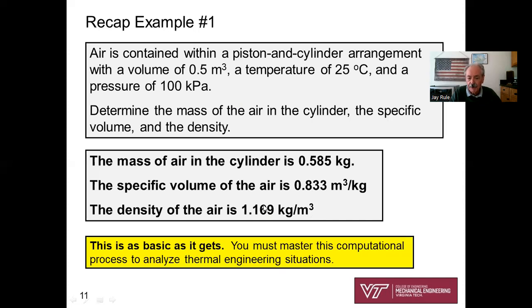Notice how I just expressed 3 to 4 significant figures in the answers that I wrote out. Writing out 8 significant figures, that's too many. That's not good engineering practice. Okay, and my little yellow note here: this is as basic as it gets. You've got to master this process so that you can analyze more complex thermal engineering situations.